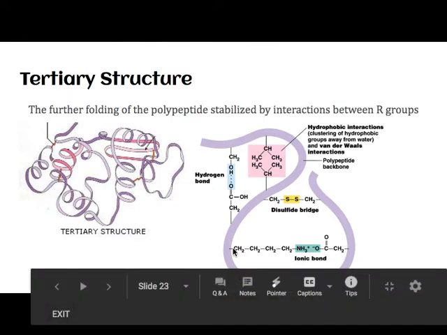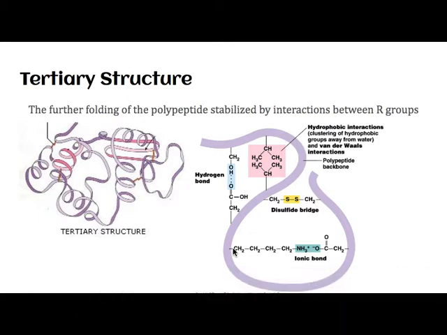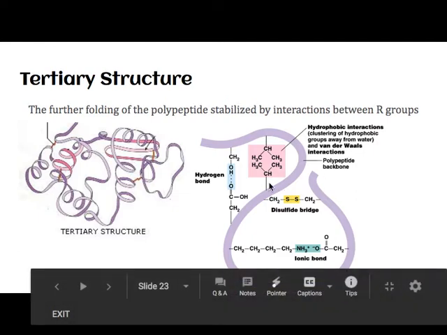Like clumping, right? Compacting. There's so many folds there. It's because the side chains are interacting with each other. They can form hydrophobic interactions. They can form hydrogen bonds. Very important, they can form disulfide bridges, they can form ionic bonds. All of that results in clumping, folding of your protein structure.